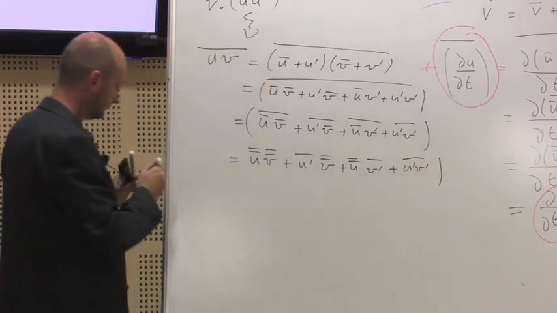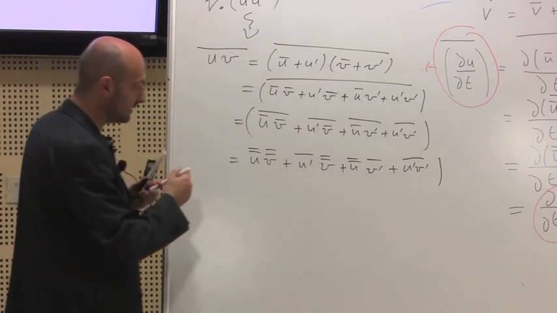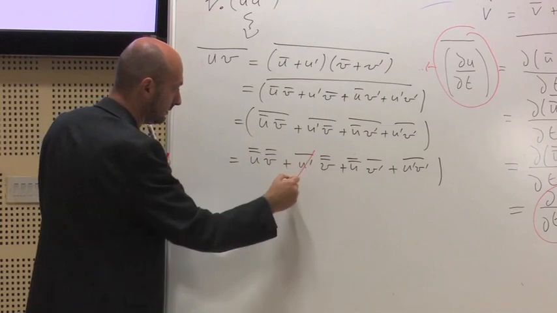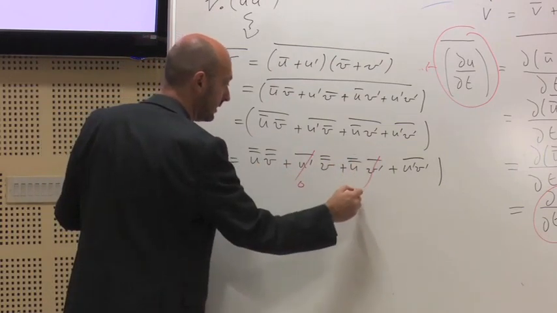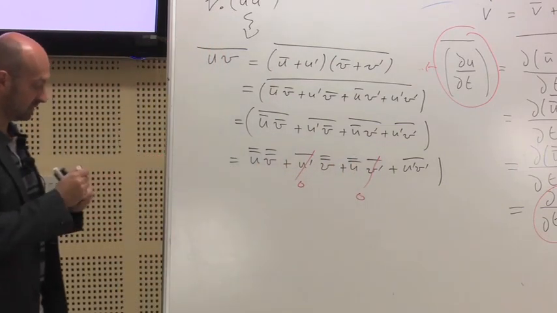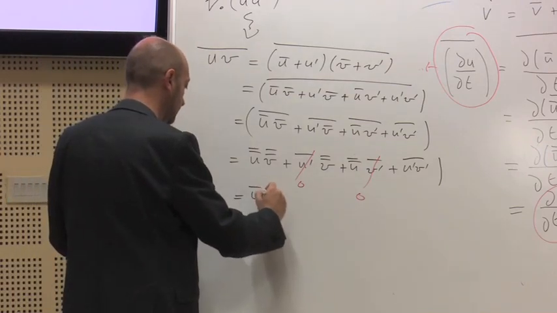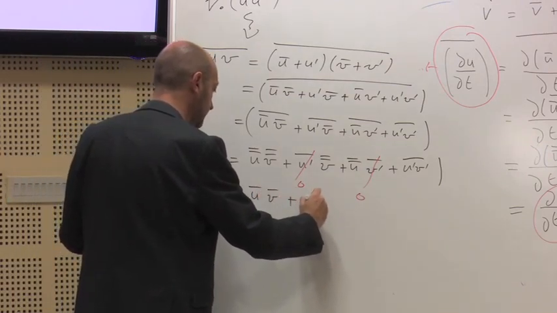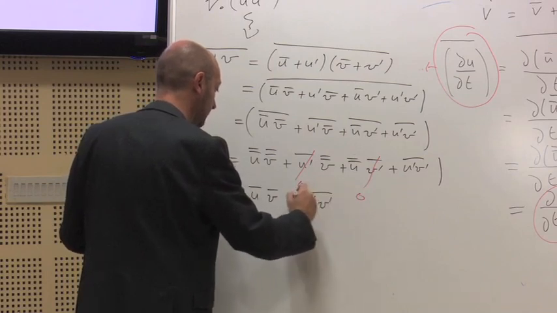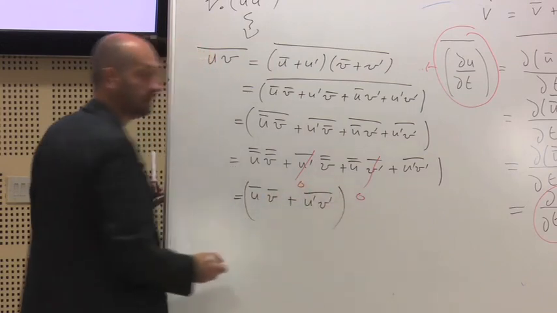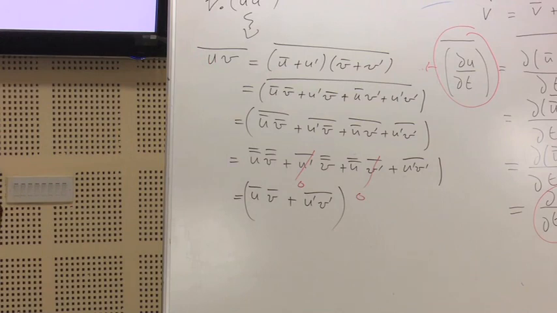And here I'm using again that u prime bar is 0 and v prime bar is 0. So finally I end up with u bar v bar plus u prime v prime bar.